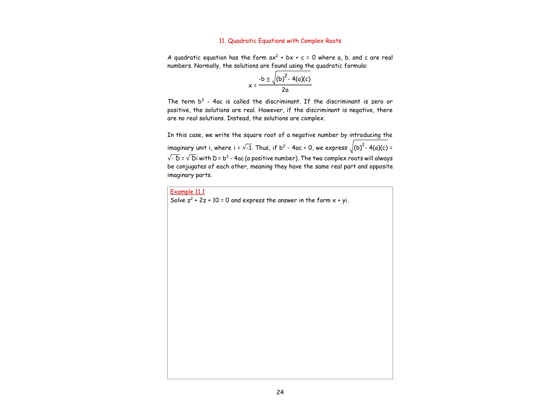Example 11.1 says solve z squared plus 2z plus 10 is equal to 0 and express the answer in the form x plus yi. This quadratic equation is in the form az squared plus bz plus c is equal to 0.